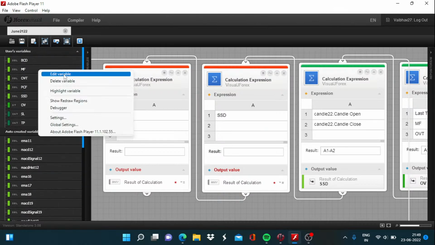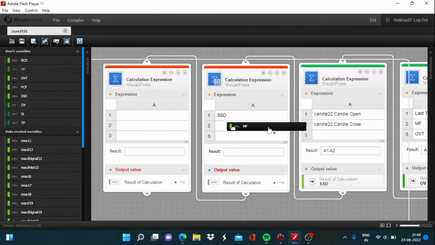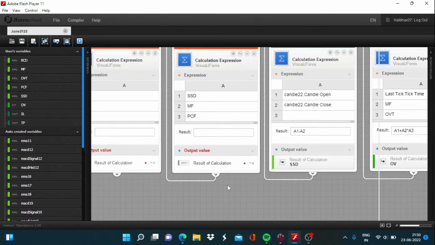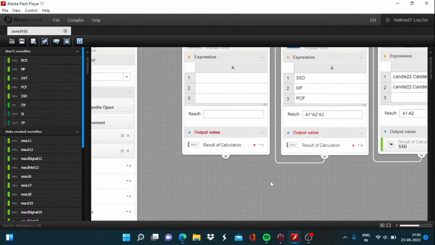So this is the multiplying factor with the start value of 2 and the pip conversion factor with the start value of 10 raised to the power 4. So this will be A1 into A2 into A3, and this will be our stop loss level.